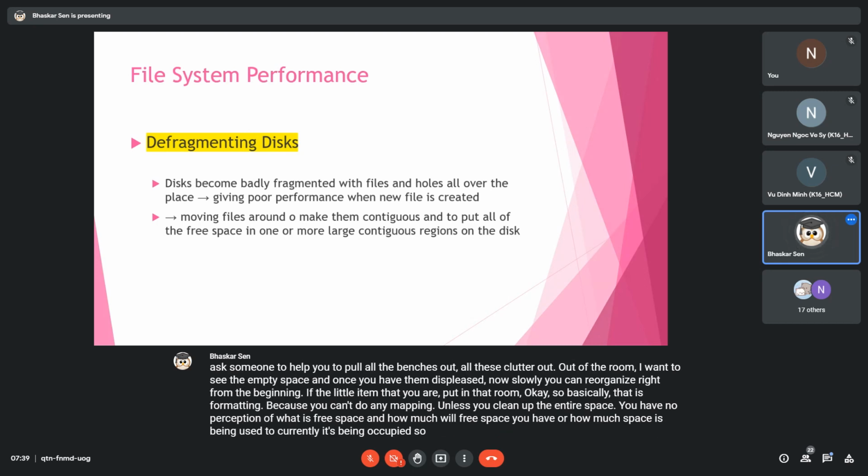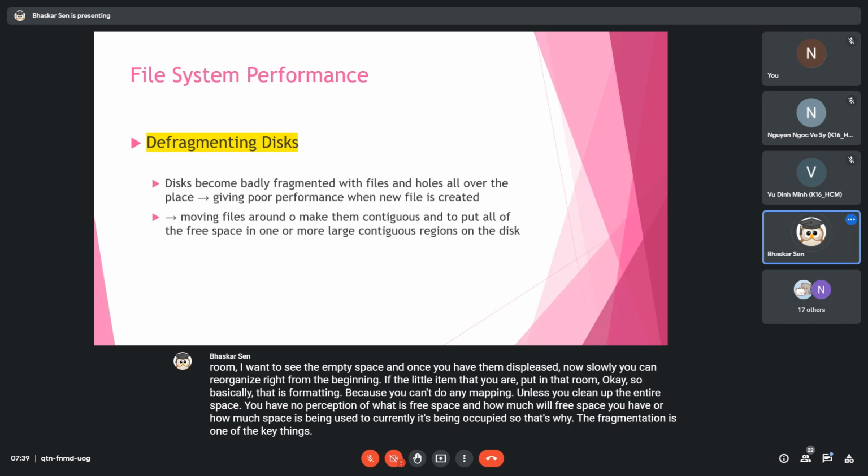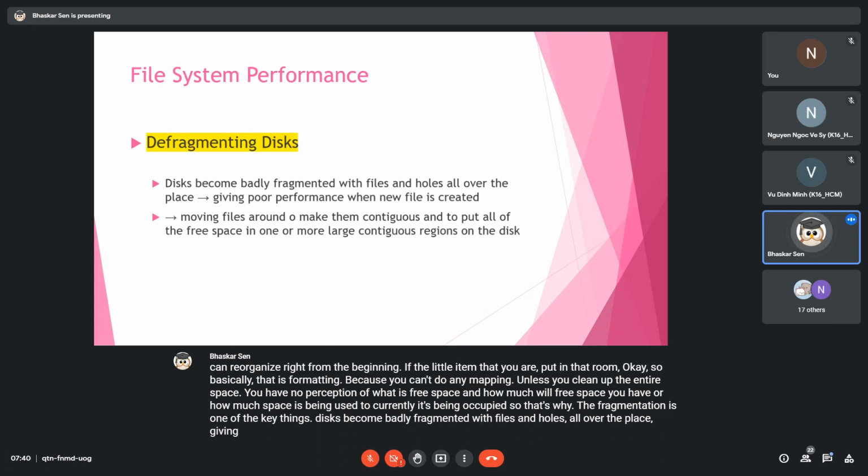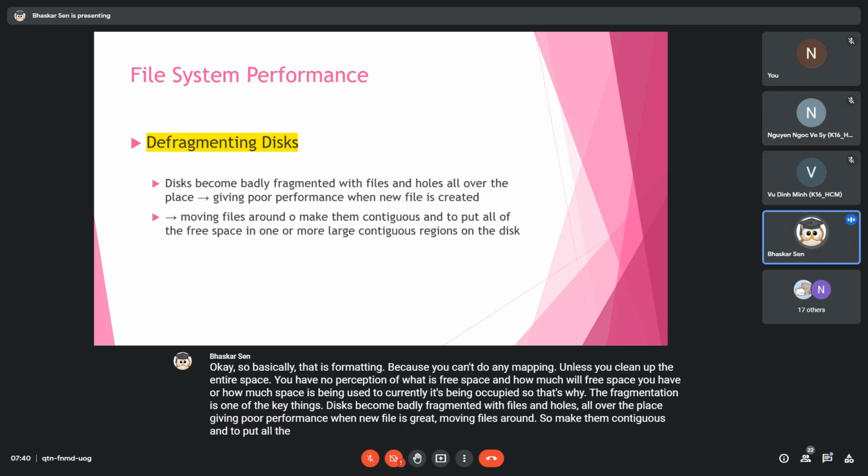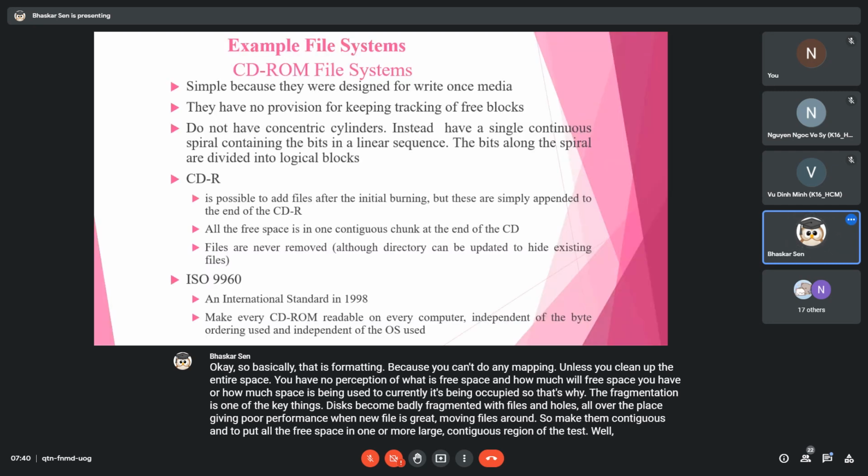So that's why defragmentation is one of the key things. Disks become badly fragmented with files and holes all over the place, giving poor performance when a new file is created. Moving files around makes them contiguous, and puts all the free space in one or more large contiguous regions of the disk. Well, that's what we can think of.